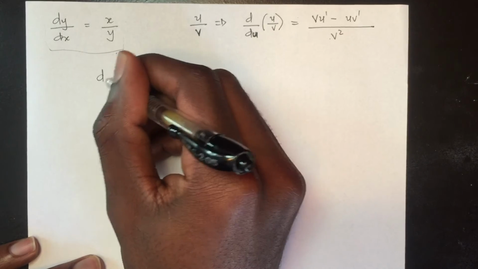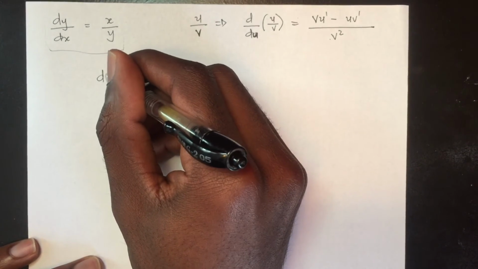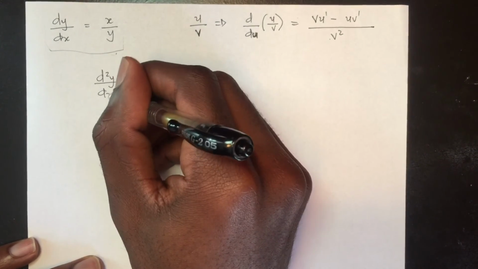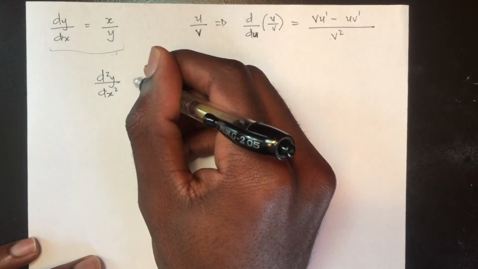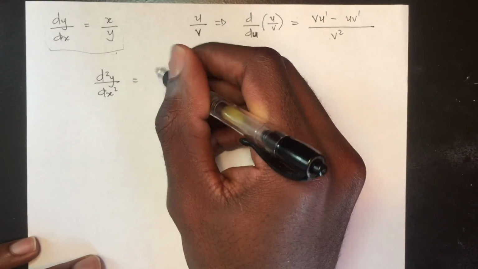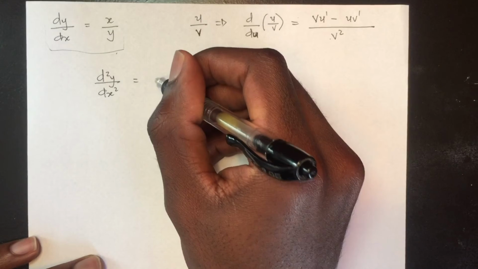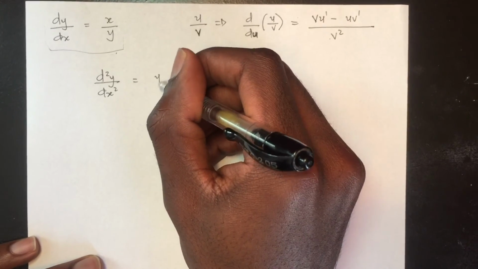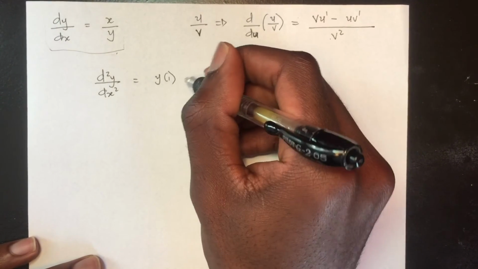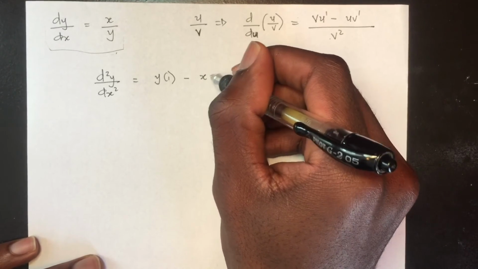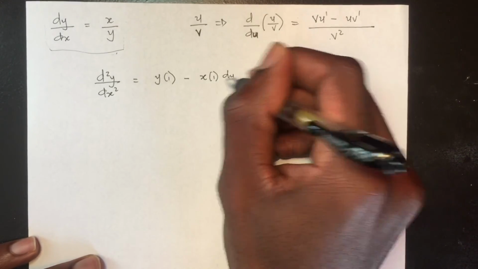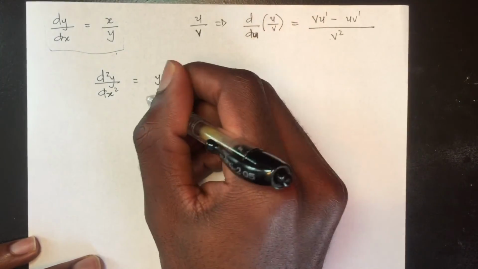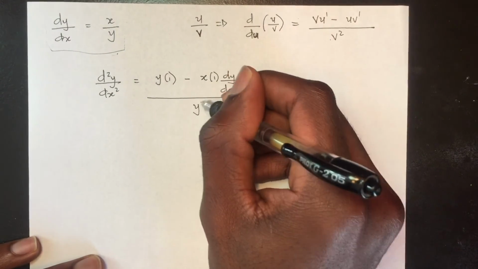Following on to this, differentiating dy dx, you're going to get d squared y dx squared equals, if we differentiate this side, keeping the bottom constant, differentiate the top, minus keeping the top constant, differentiate the bottom, all divided by bottom squared.